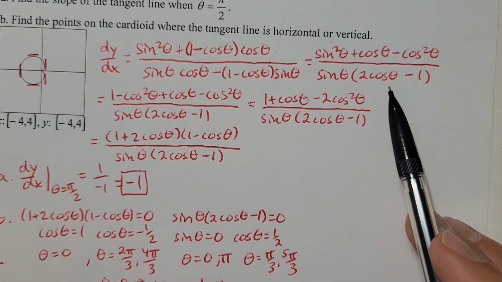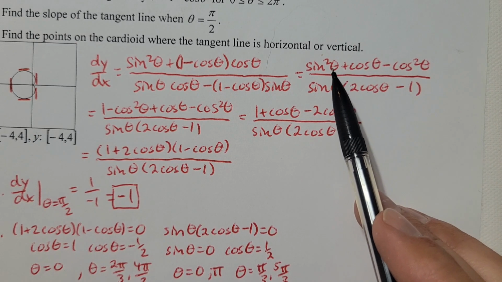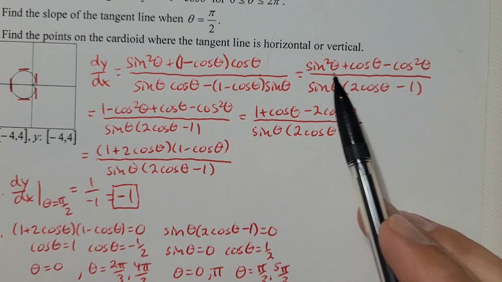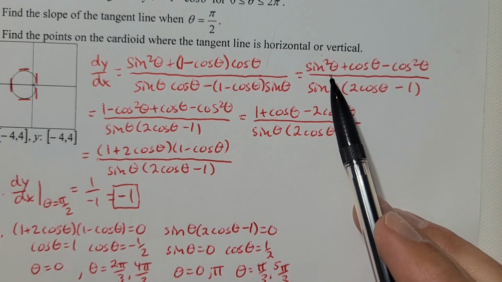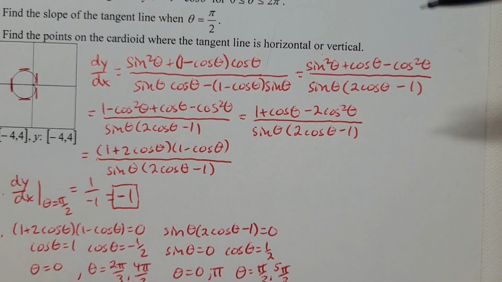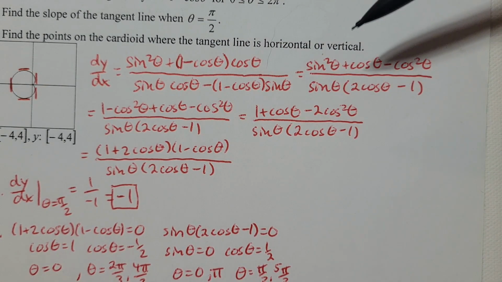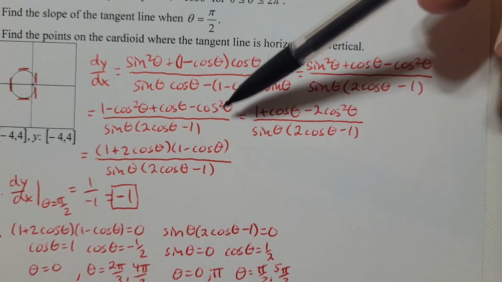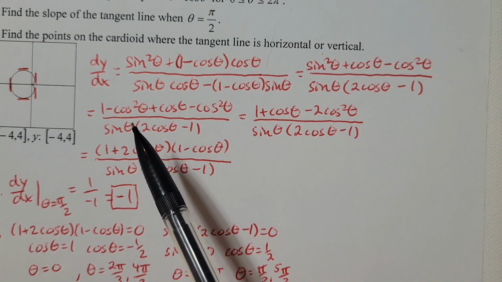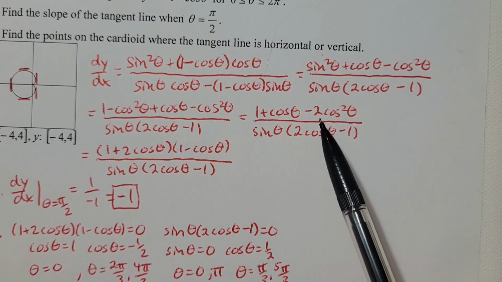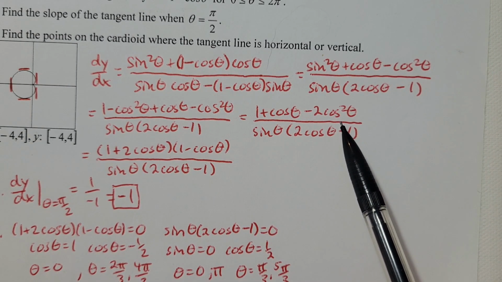Now, up top, I'm going to switch everything over to cosine thetas. Sine squared theta plus cosine squared theta is 1, so sine squared theta is the same as 1 minus cosine squared theta. Everything else is going to stay as is. So negative cosine squared theta minus cosine squared theta, that's minus 2 cosine squared theta.